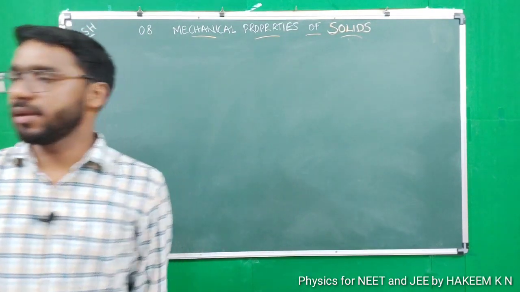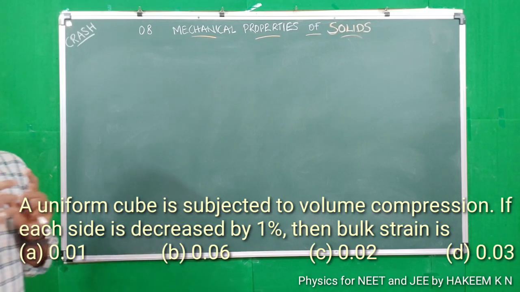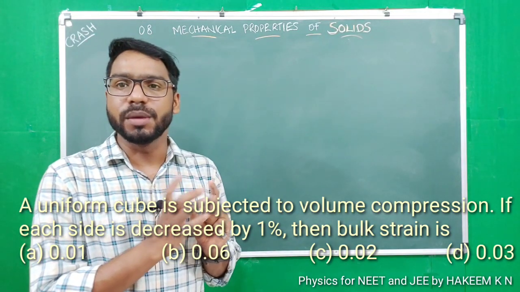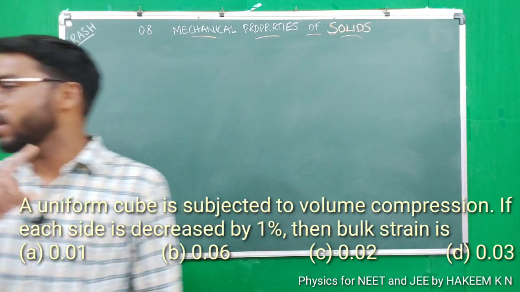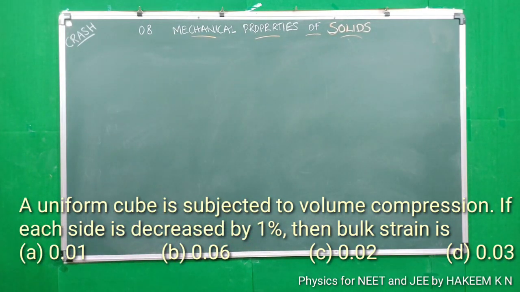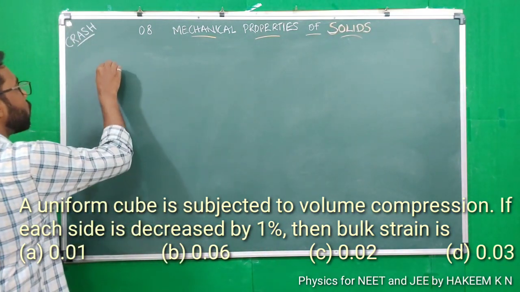Here is a question. A uniform cube is subjected to volume compression. If each side is decreased by 1%, then bulk strain is, options are 0.01, 0.06, 0.02, 0.03. Volume is decreasing, but linear strain is given as 1%. What is the equation of volume?